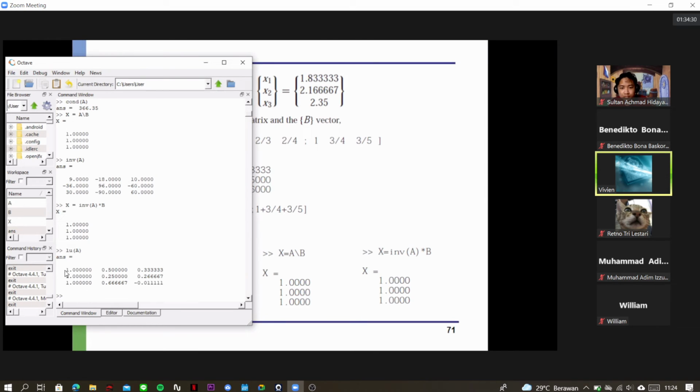So what does that mean? It means that the upper triangular part here will be the upper matrix, and the lower part here will be the lower matrix, but we have to add 1 on the diagonal. So this will be the LU matrix, which is stored together.